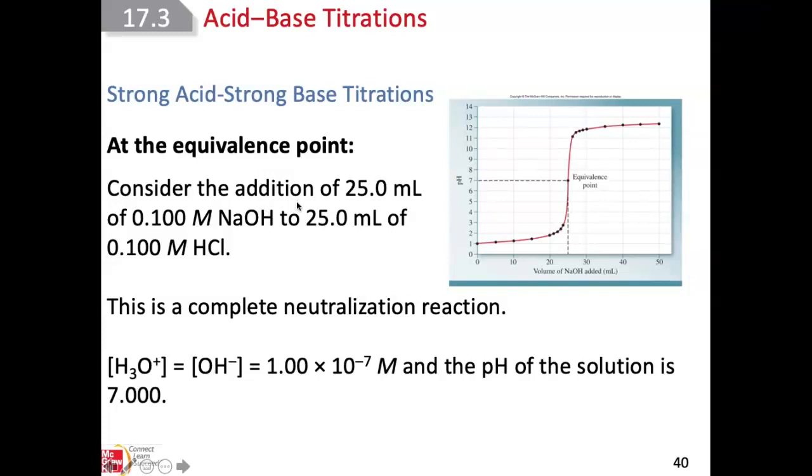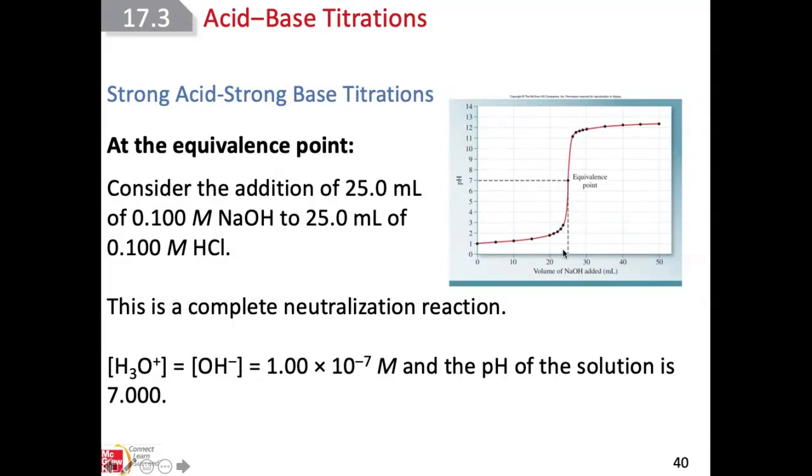And what we will have in that solution, in that beaker really, we will just have H2O, water. Because don't forget that for acid-base reaction, the net ionic equation is H plus plus OH minus makes H2O. So at the equivalence point in the beaker, you have water, H2O.